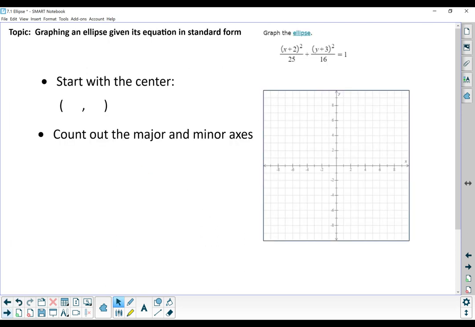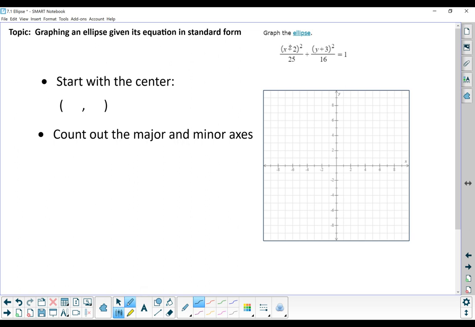As our first topic, we're going to graph the ellipse (x+2) squared over 25 plus (y+3) squared over 16 is equal to 1. Graphing an ellipse is a lot like graphing a circle. We start by finding the center.